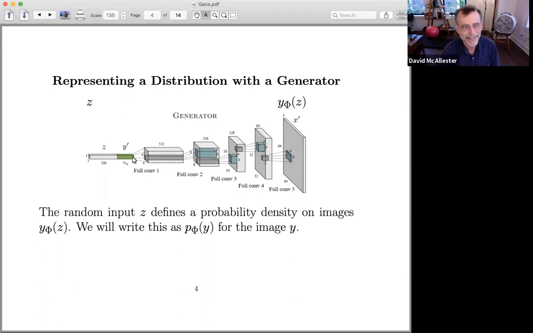Then we can reshape it into a 4x4 image of high dimensional vectors. So we can think of our initial random vector as a 4x4 image of high dimensional vectors. And then we do convolutions and we increase spatial dimension, this is called conv transpose in PyTorch, down this conv transpose network until we get an image.